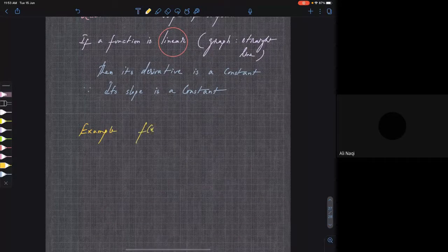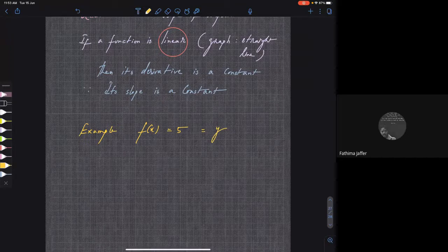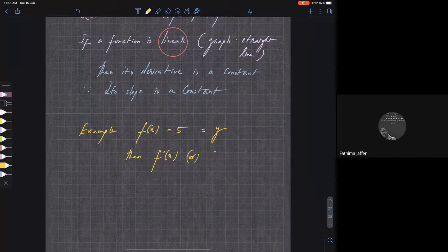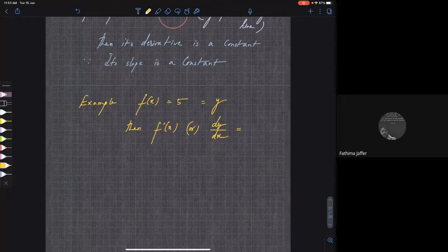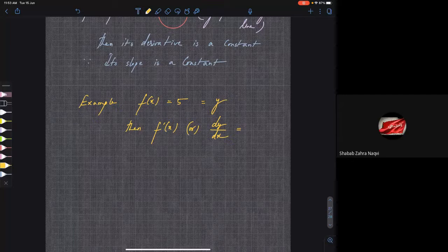Example: if f of x equals some constant, let us say 5, and let us call it y, then f dash of x, or dy by dx, which is nothing but the derivative, equals what?